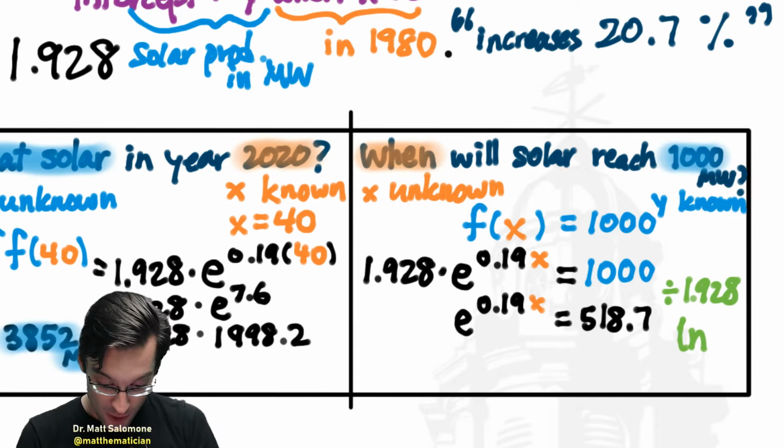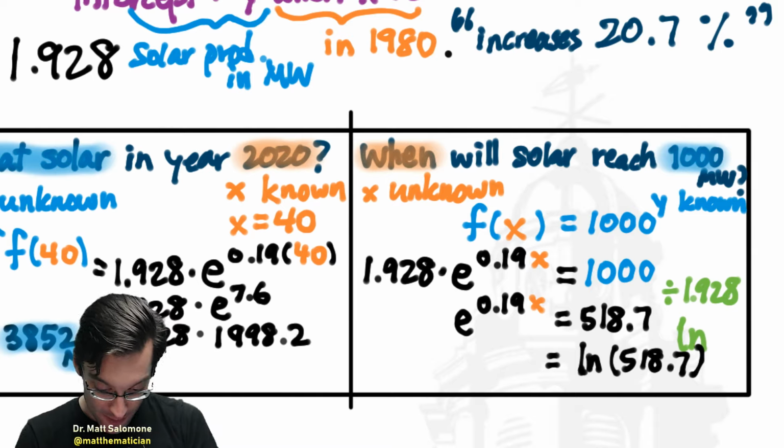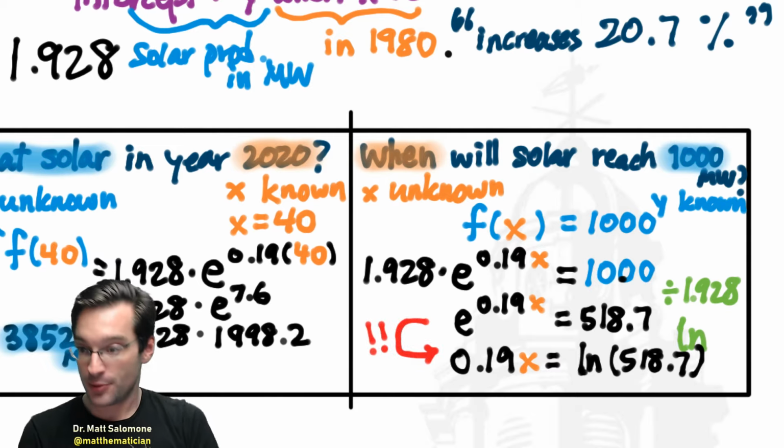When I take a natural logarithm on both sides, the right side of my equation becomes the natural logarithm of 518.7, and the left side becomes just 0.19 times x. That's the magic step. I'm just going to put exclamation points right there.